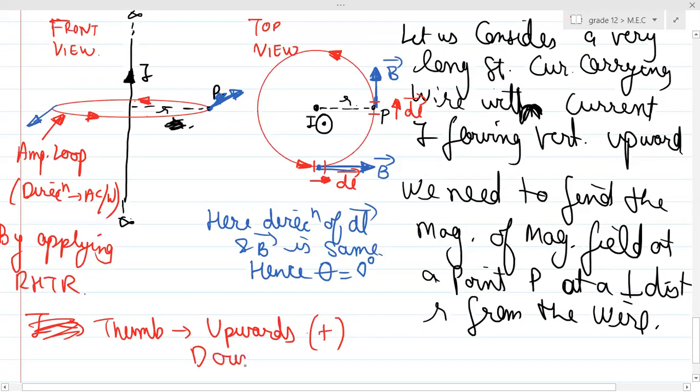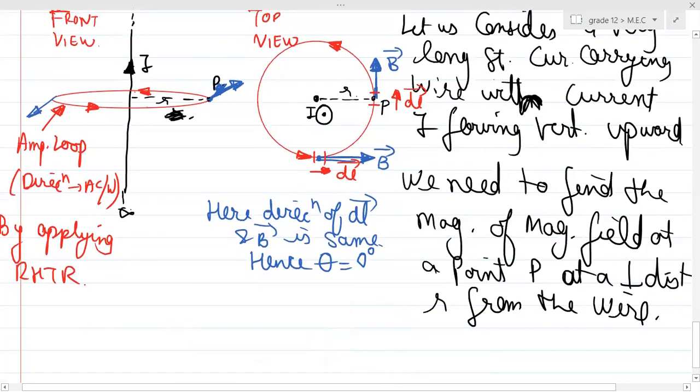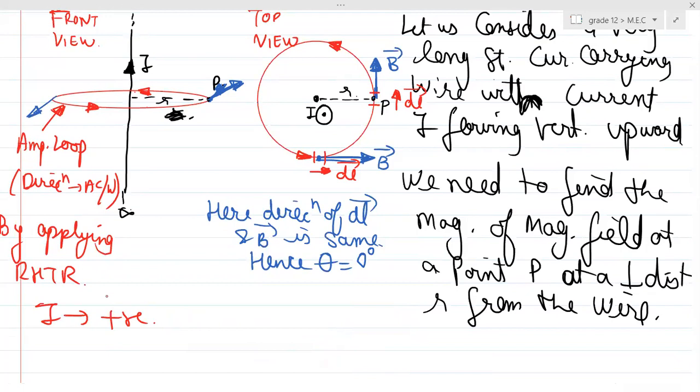That implies downwards will be negative, right? So by applying the right hand thumb rule, you decide the conventions, and after deciding the convention, you say I is positive, because I was in the direction of the thumb. Yes or no, guys? Yes, sir. So hence I is positive. When you have done that, after that, what will we do?